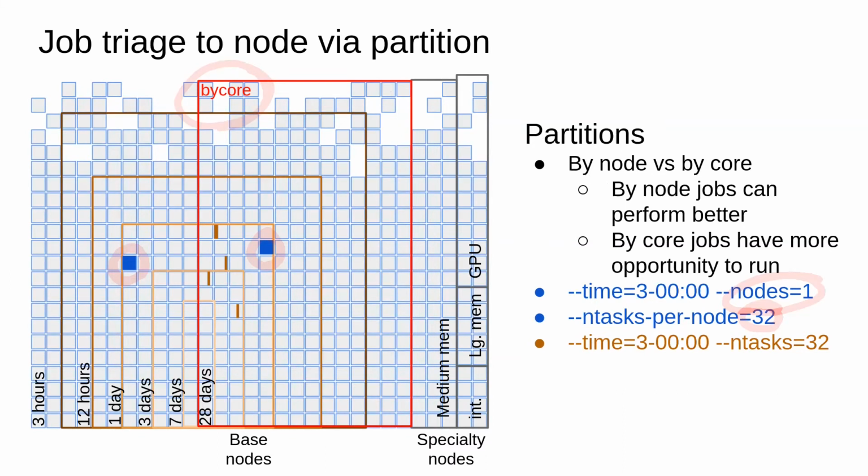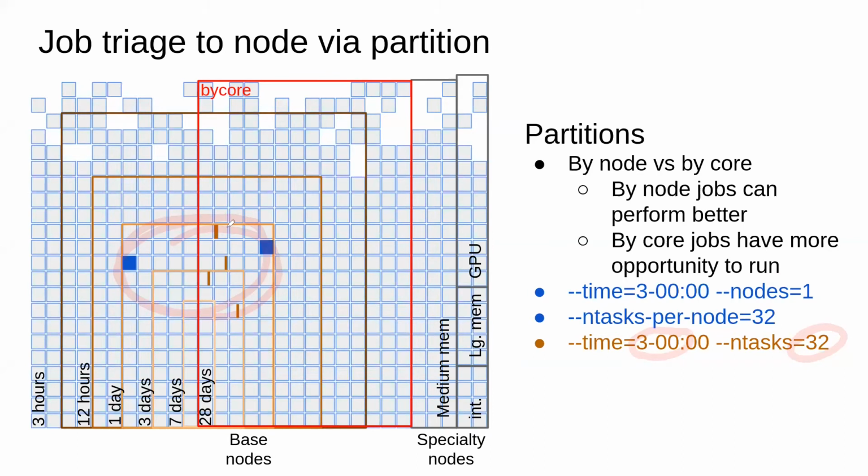Now, the alternative is you can specify the same parameters, the same 3 days. So all of these jobs are shown as in the 3-day partition. And you can specify the number of tasks without specifying the number of nodes.